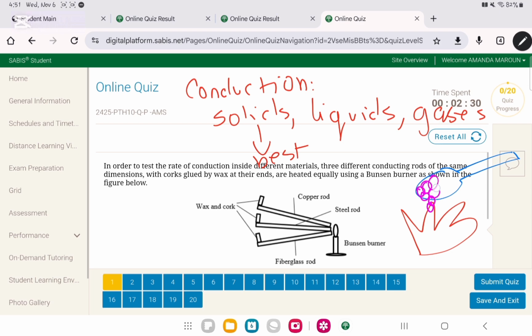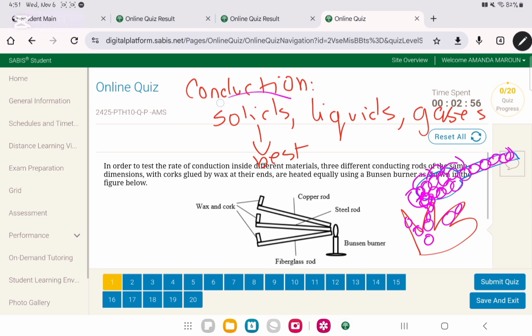These are all the particles of the spoon. By conduction, the particles of the fire, the heat from the fire, are moving fast because it's hot. It will give kinetic energy to one of the particles of the spoon because it's touching, and then by conduction it will give to another particle, another particle, and another.